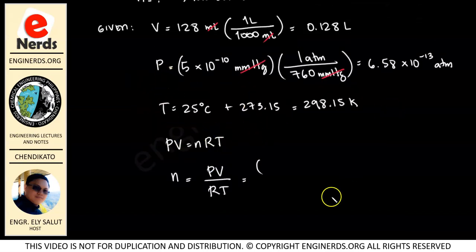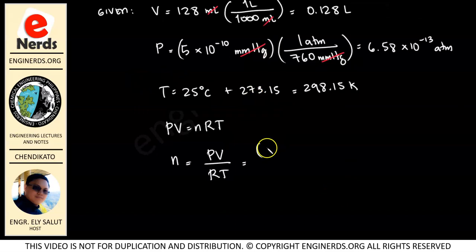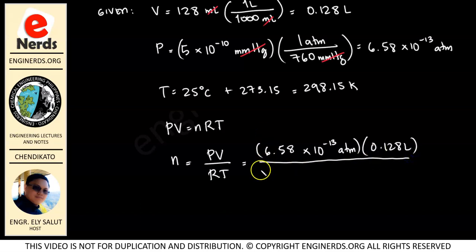So, we have our pressure at 6.58 times 10 to the negative 13 atmosphere, times our volume, which is 0.128 liters. Our R, as I said, we should memorize this, no? 0.082058 liter atmosphere per mole Kelvin.